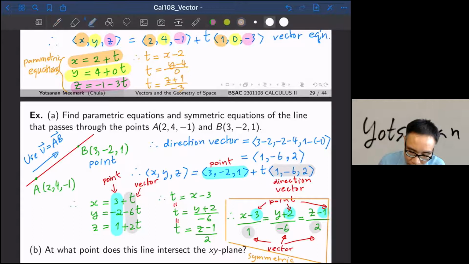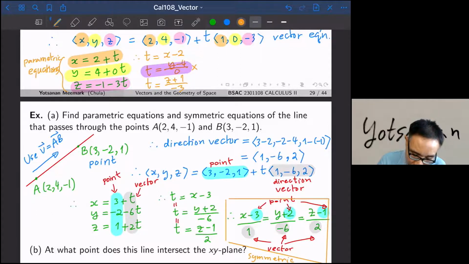So this one is going to be wrong, as you cannot divide y minus 4 by 0. So this cannot be done this way. You're simply going to get y equal to 4.